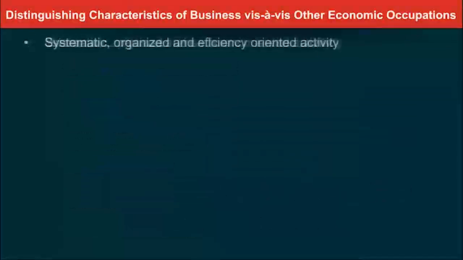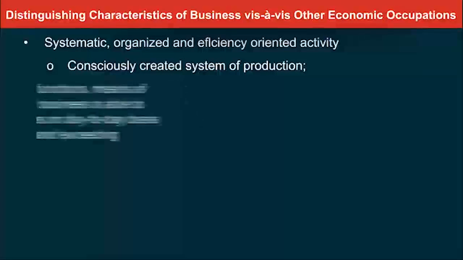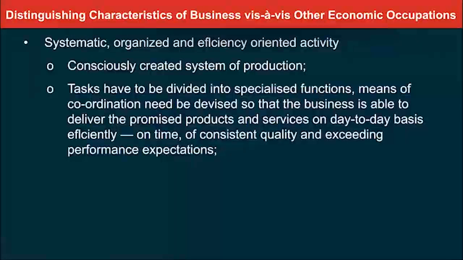Apart from this, it is a systematic, organized and efficiency oriented activity. Meaning what? See, you are consciously, you don't just do something, isn't it? You are consciously creating a system of production. And you have a lot of specialized functions. It is not straightforward and simple, do whatever you want whenever.